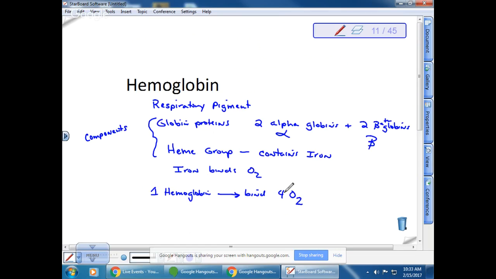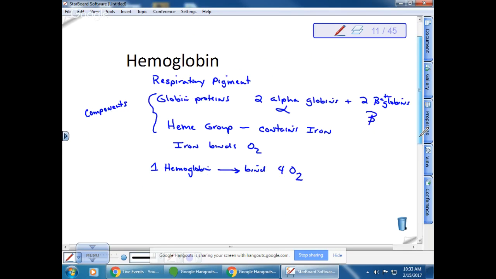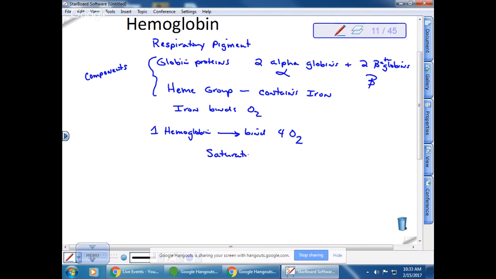So if your blood is 100% saturated, that means all of your hemoglobin has 4 oxygen bound. If your blood is only 90% saturated, then only 90% of the hemoglobin is bound to oxygen. So 100% saturation means that all the hemoglobin molecules have oxygen bound, and they all have 4, right?